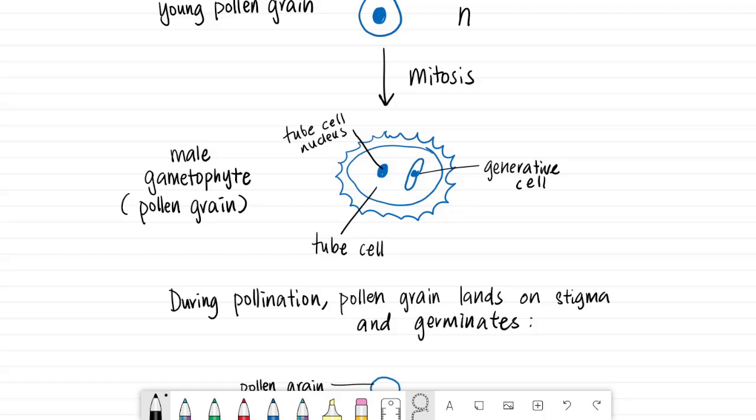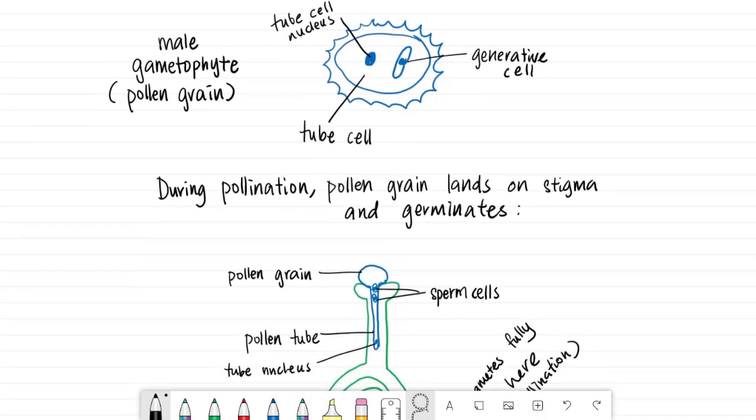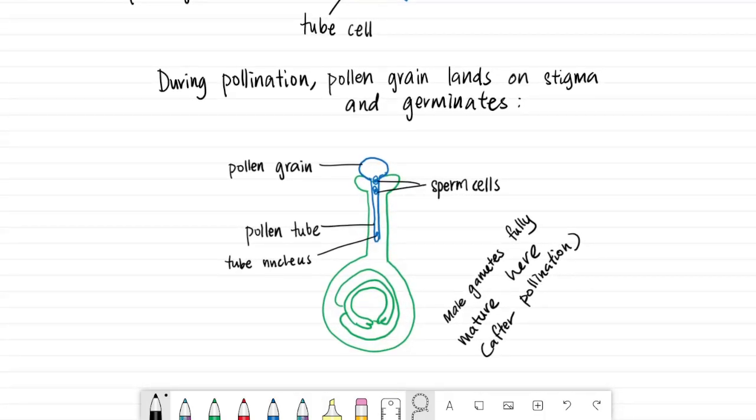Inside of the pollen grain, you have the tube cell and the tube cell nucleus and the generative cell. During pollination, it lands on the stigma, germinates, fully matures, which is when the generative cell becomes sperm cells, and the tube cell germinates and grows the pollen tube.